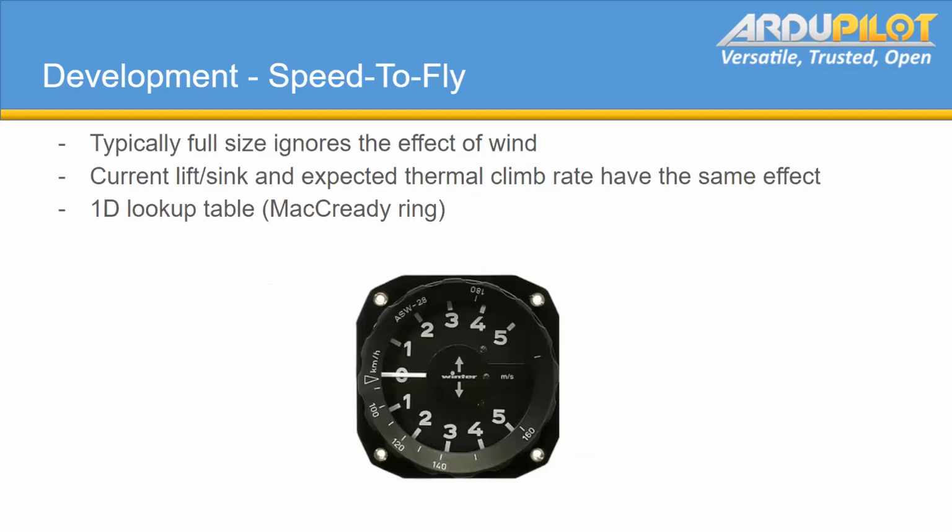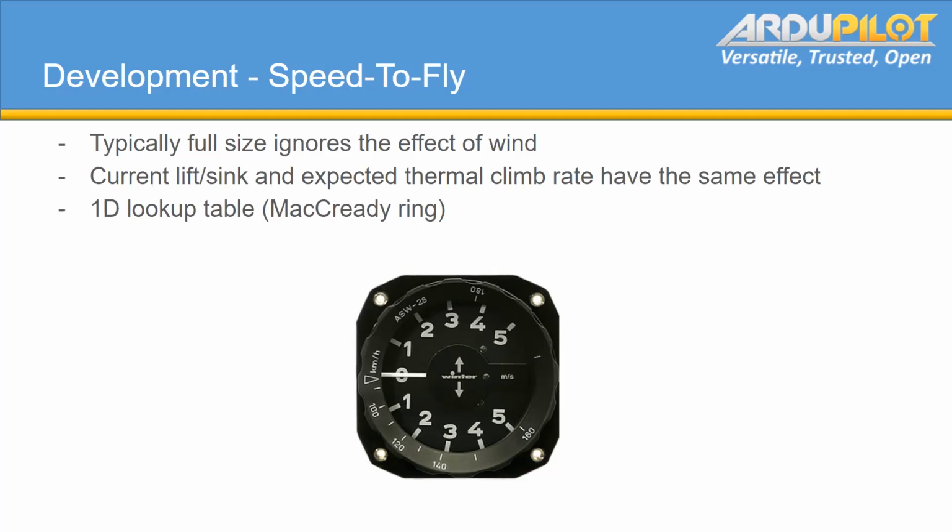Now, full-size manned gliders fly at a higher airspeed, typically somewhere between maybe 60 and 90 knots for a cross-country flight. The effect of a 10 to 20 knot headwind is significant, but it doesn't change this too much, and they can afford to add that on later as a correction.